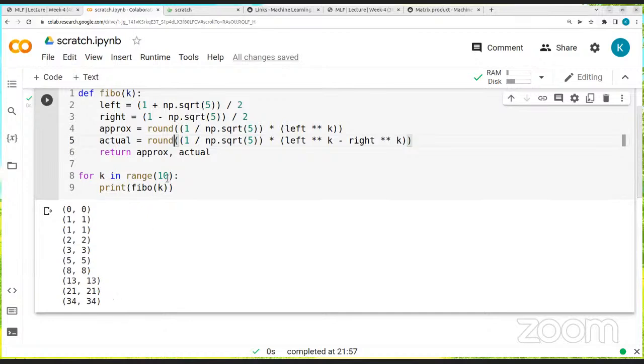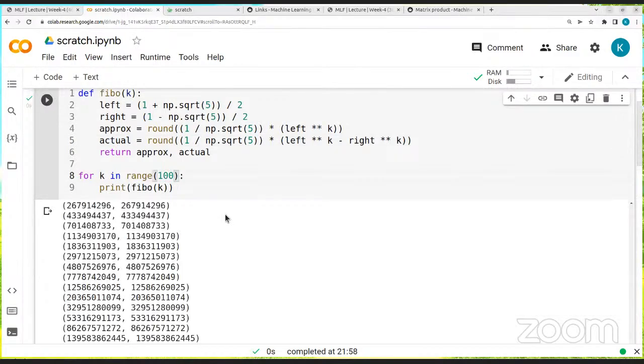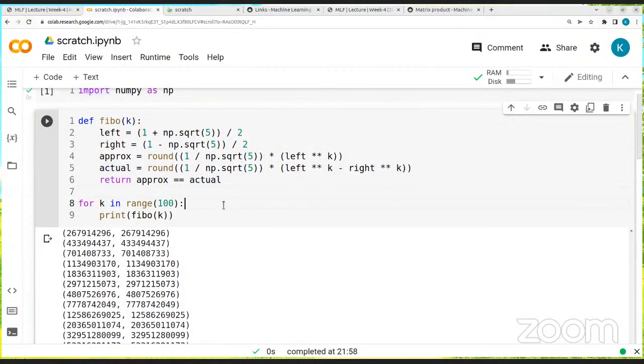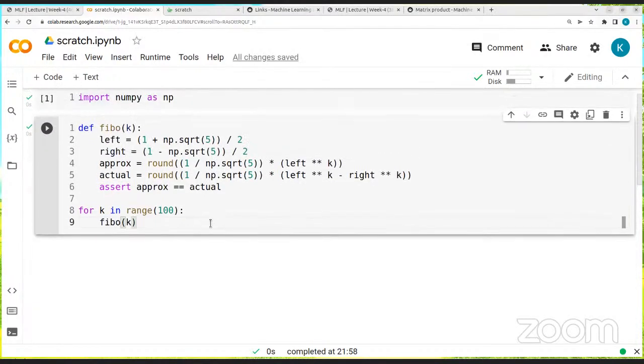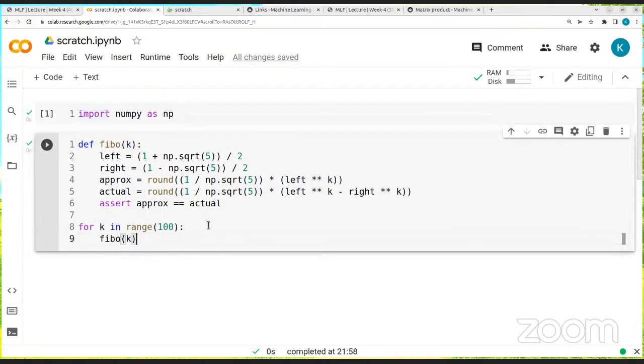So if you run this for, say... so can I say, if I write this particular function, I'm not returning anything, I'm just making sure that this... okay, so this approximation is then good enough for all values of k, right?